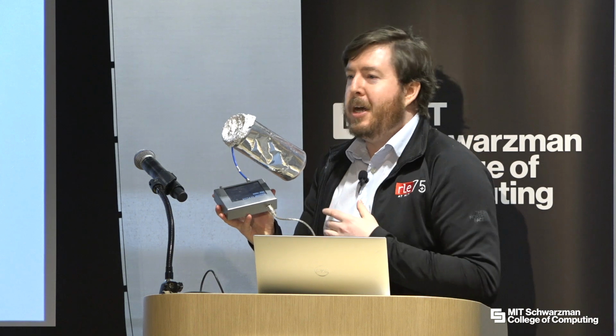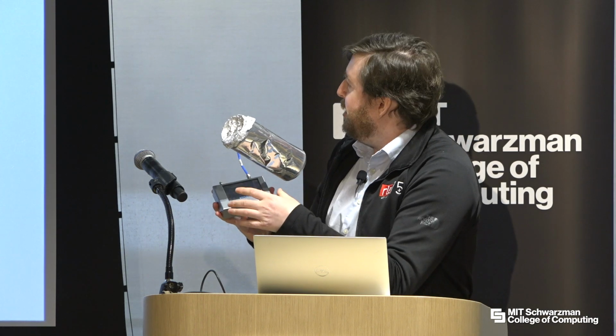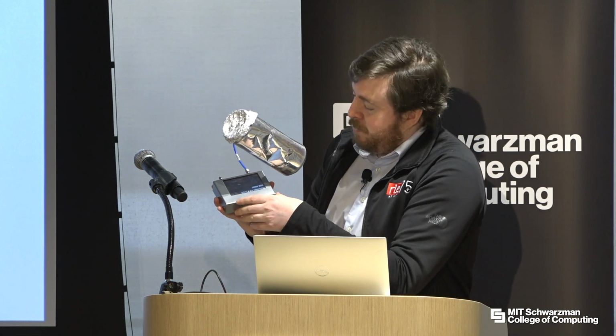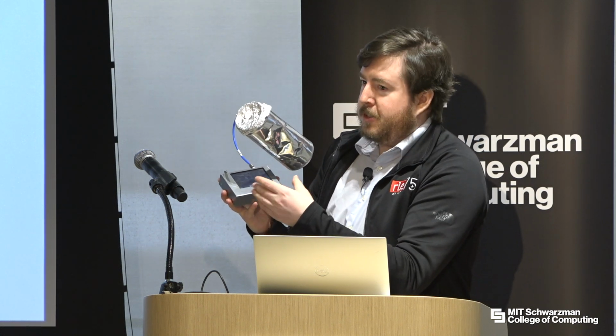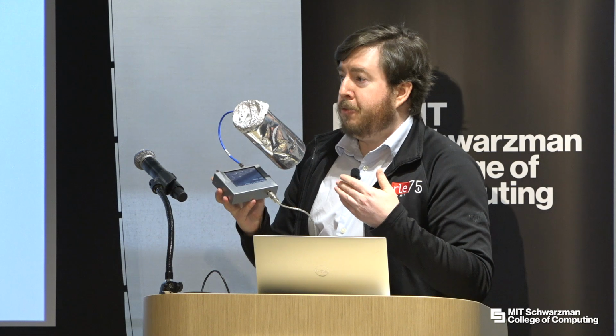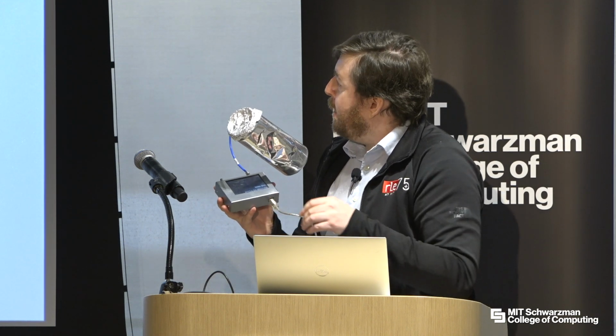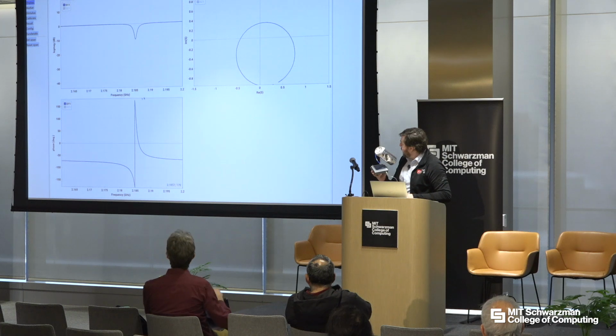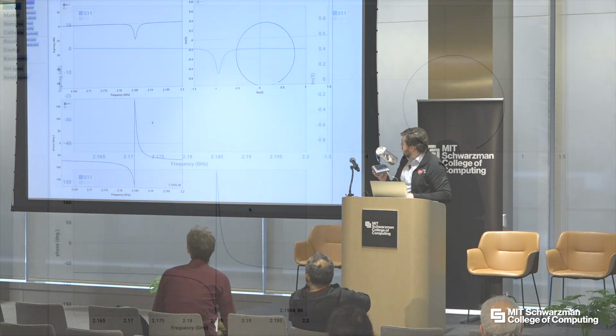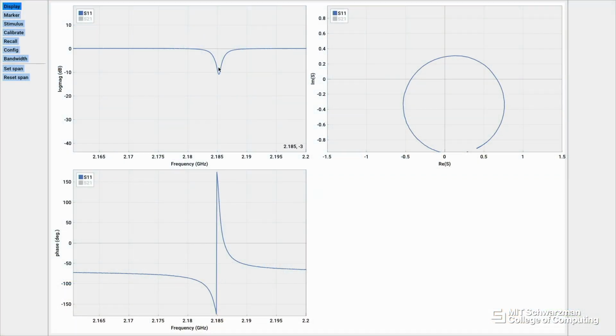This is sort of borrowing from a demo of an electromagnetic engineering class that I teach with Luca Daniel and Jelena Notaros, previous speaker. What it does is it sends out microwaves at different frequencies and measures the reflected response. What I'm plotting here is the amplitude of the response as a function of frequency from 2.165 gigahertz to 2.2 gigahertz, as well as the phase of the response. And we see that there's this dip here, and this dip is associated with the resonance of this resonator.